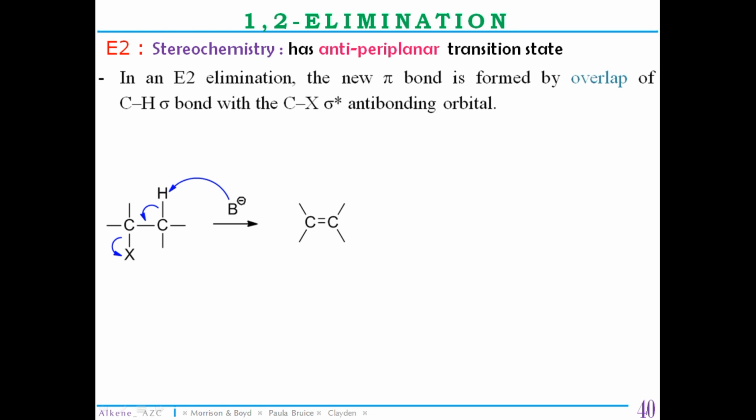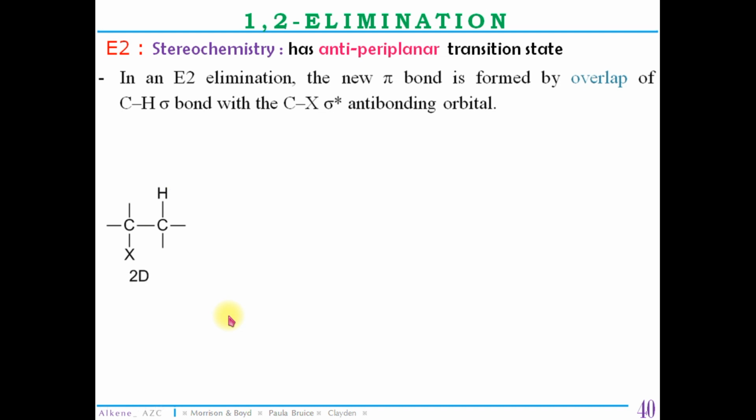E2 mechanism stereochemistry has an anti-periplanar transition state. In E2 elimination, the new pi bond is formed by overlap of the carbon-hydrogen sigma bond with the carbon-halogen sigma star antibonding orbital.